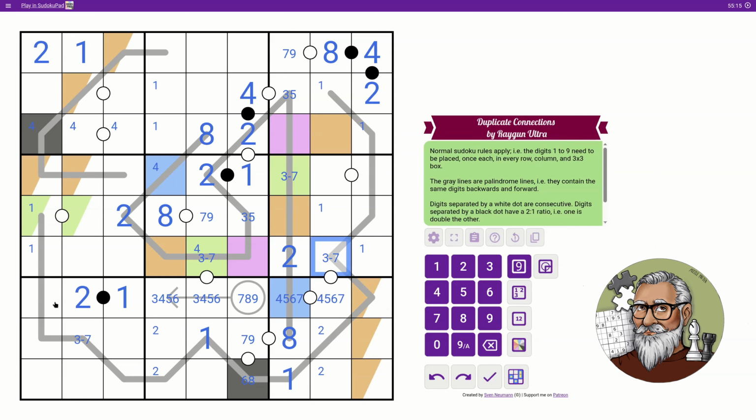Right, what am I missing here then? Because this one is that. No, this one. I'm not much wiser, am I? It has to be one of these, but it doesn't have to be 1 or 7, 9. Well, it can't be 1, but it can be 7 or 9, or it could be anything else.